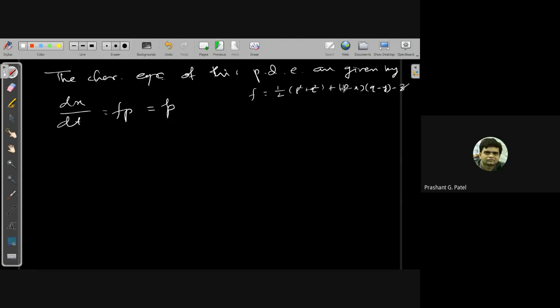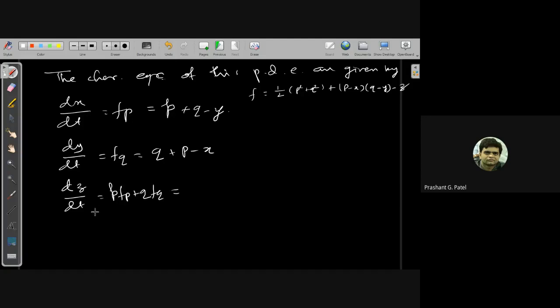Here the derivative of p is 1, so we have plus q minus y. dy by dt is fq, so it is q plus p minus x. dz by dt is pfp plus qfq, that will be p into p plus q minus y plus q into q plus p minus x.